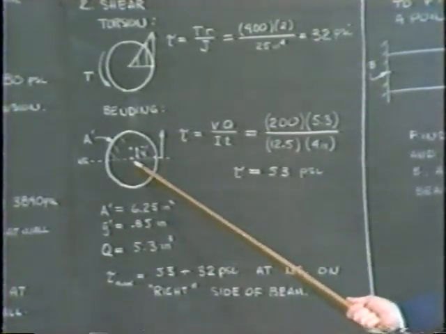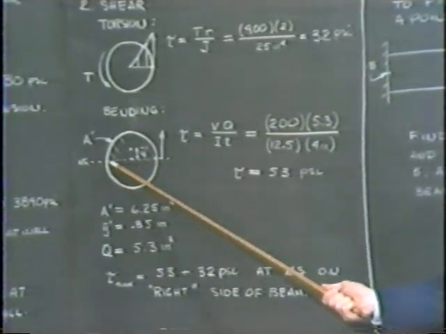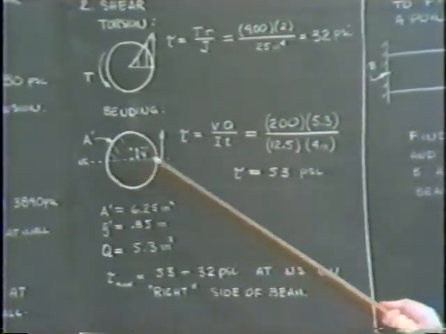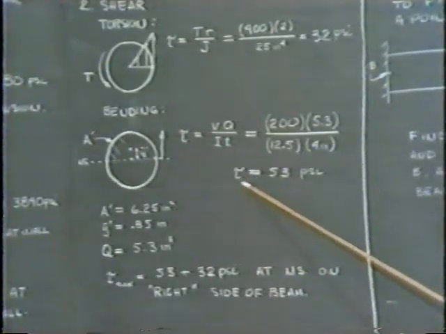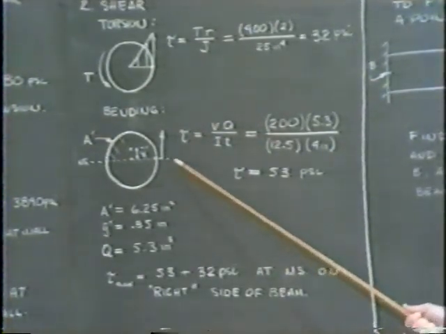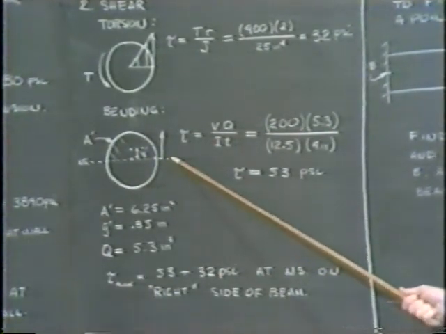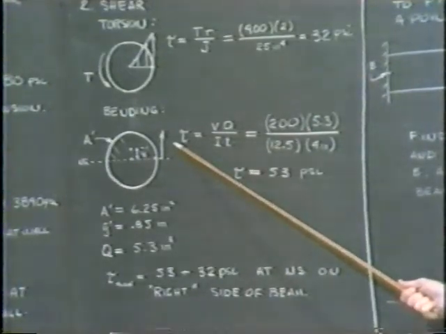Our cross-section is of 2-inch radius, but the total thickness throughout would be 4 inches. I find the maximum shear stress is 53 pounds per square inch. I've labeled it also, by a careful analysis and drawing a free body diagram, as an upward shear stress.